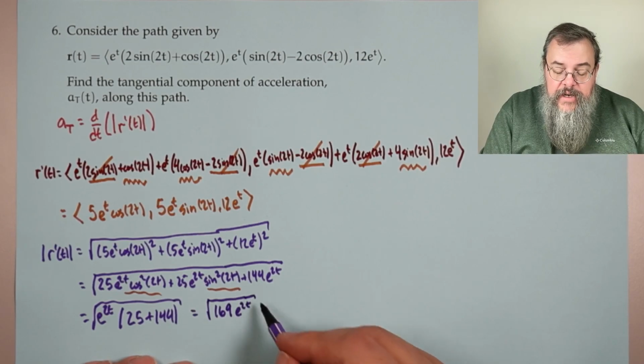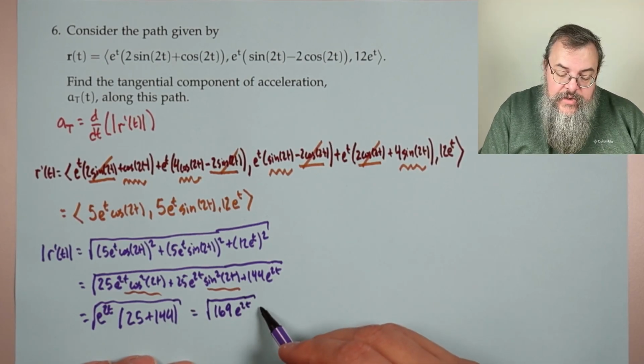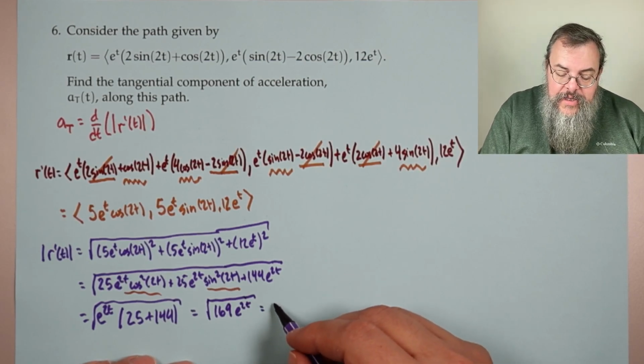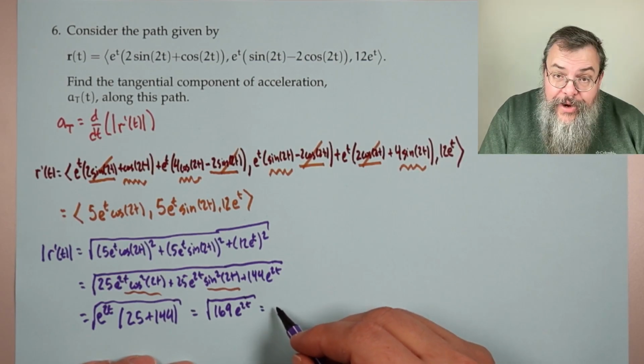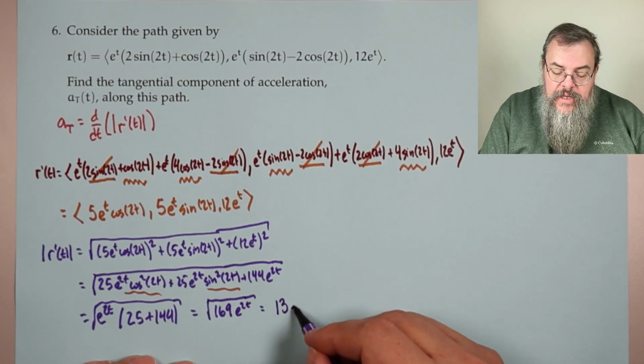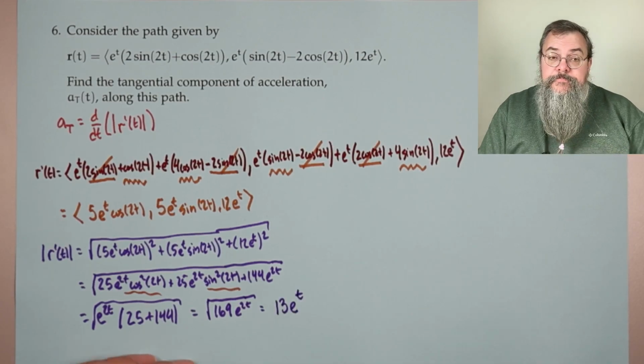Well, is 169 a nice number? It turns out it is. 169 is 13 squared. So we end up with 13 e to the t.